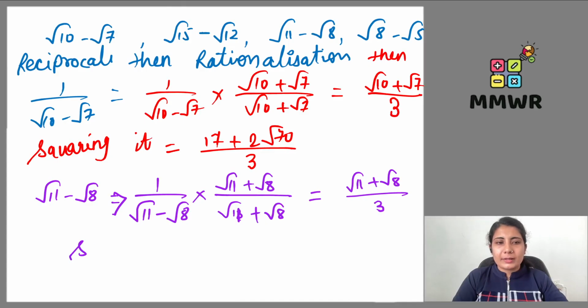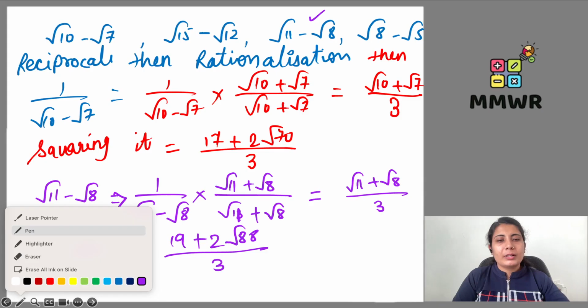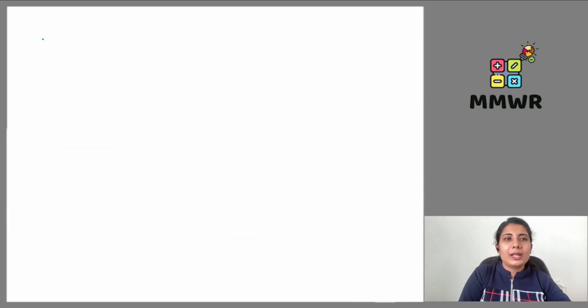When I take the square, squaring gives me 19 plus 2 root 88 upon 3. But this is the value for 1 upon root 11 minus root 8. Okay, for this. Then we will find out the value for root 15 minus root 12.